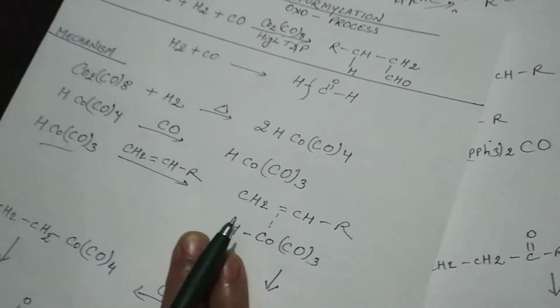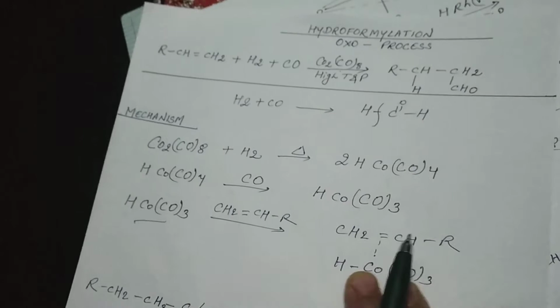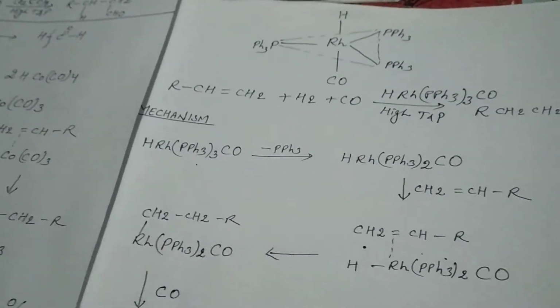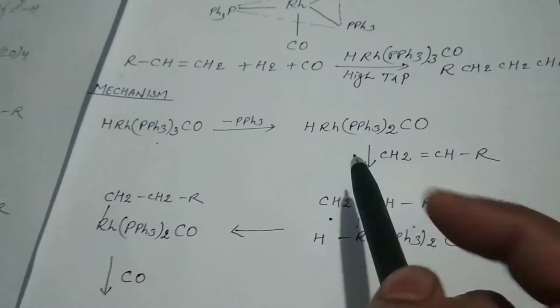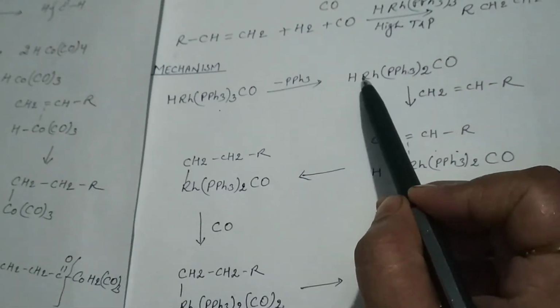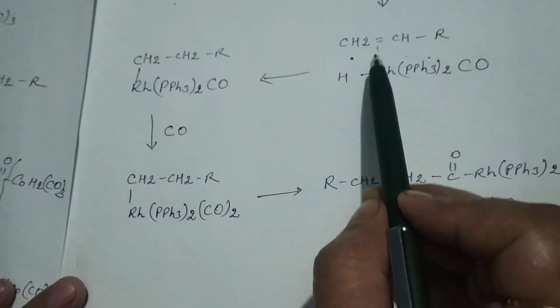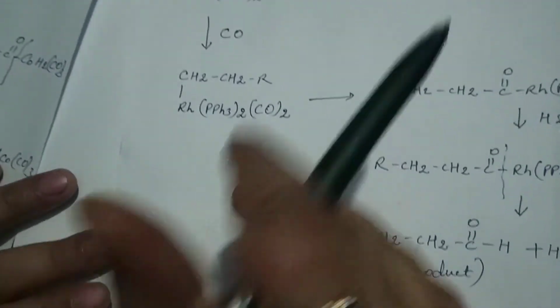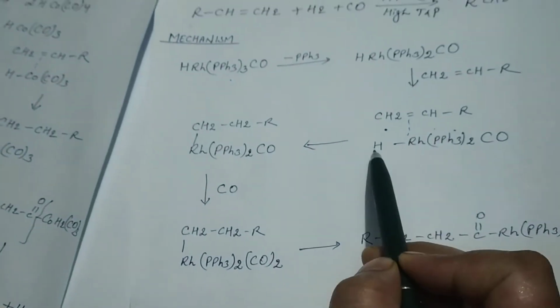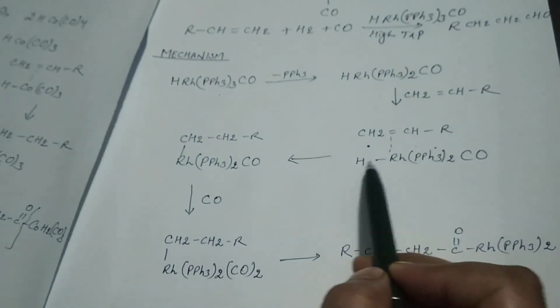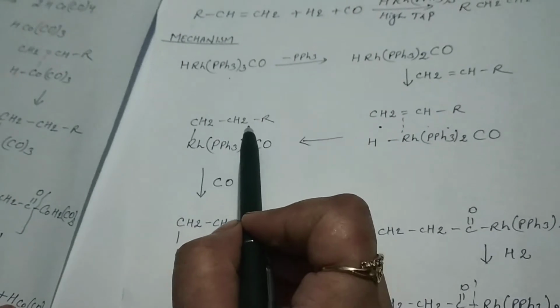So this is the base, and keeping in view this mechanism, we will proceed with this one. This alkene molecule is coordinated to the rhodium through pi bonding, and an insertion reaction takes place between the alkene and the Rh-H. This is the rhodium and hydrogen, forming an alkyl derivative of rhodium.